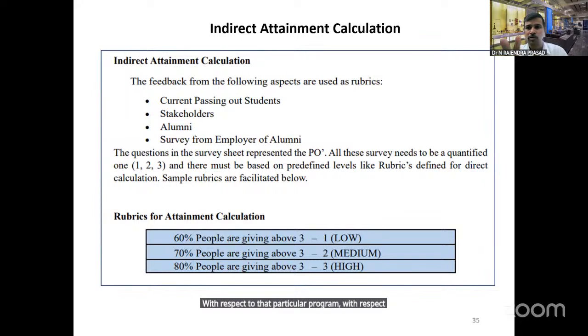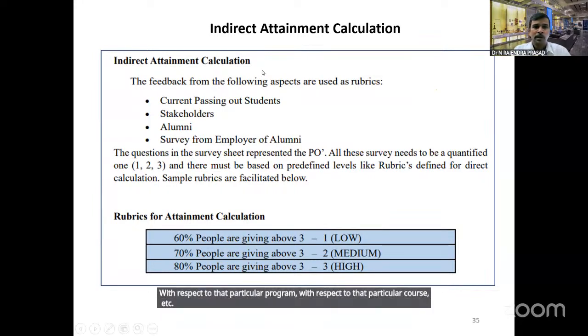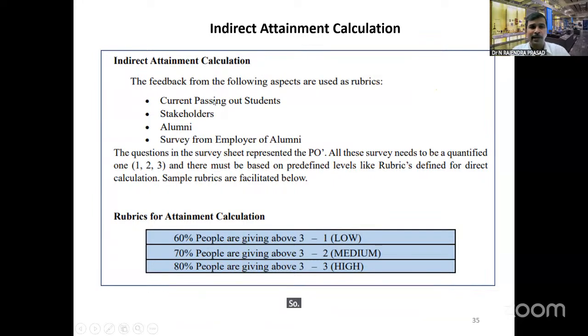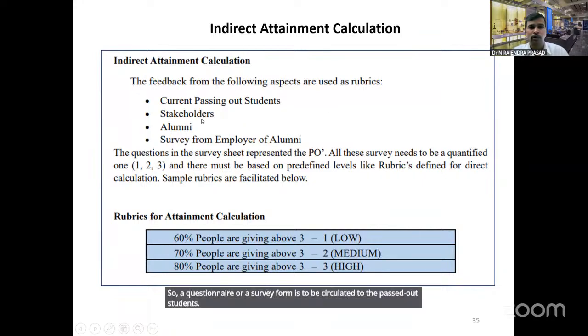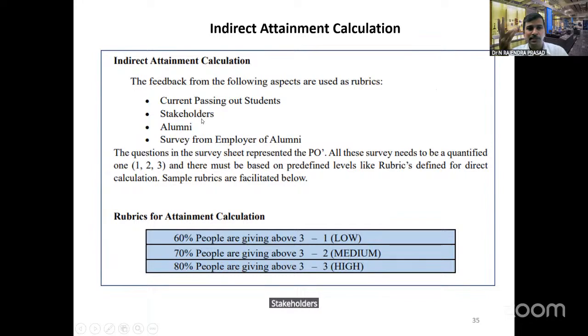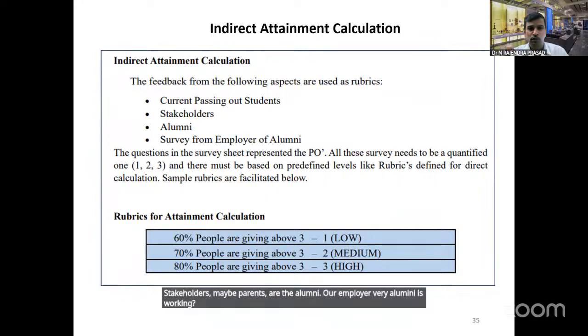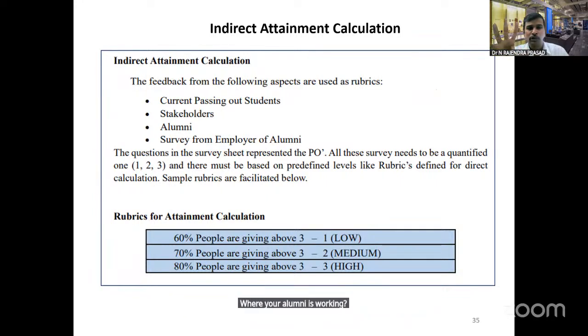that particular course, etc. So a questionnaire or a survey form is to be circulated to the passed out students, stakeholders, maybe parents or the alumni or an employer, where your alumni is working. How should the questionnaire be?